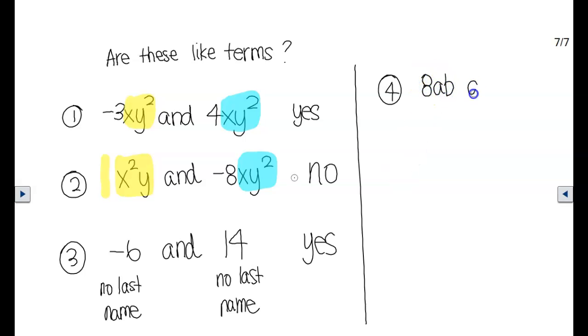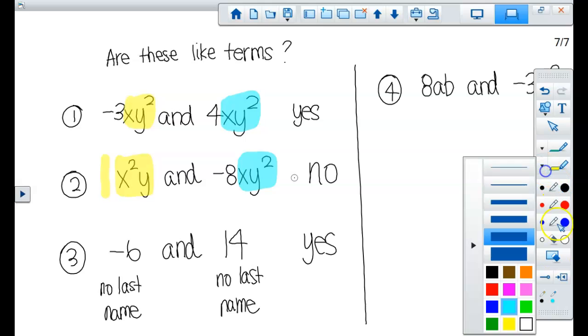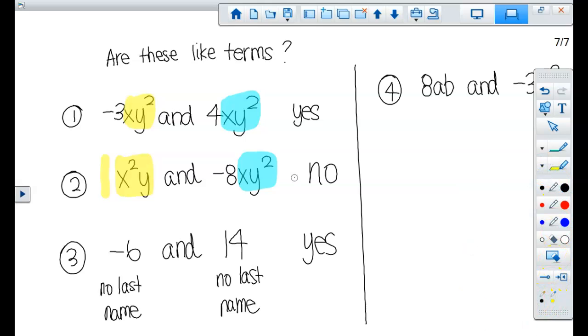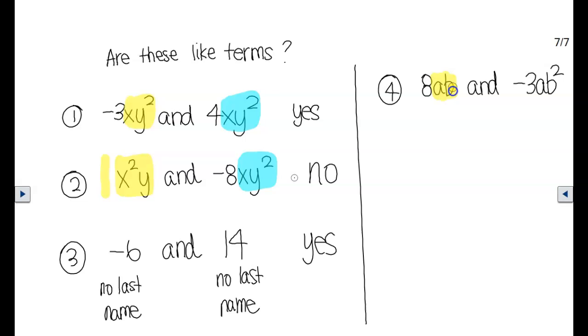Let's say we have 8ab and negative 3ab squared. Would those be like terms? Last name here is ab.